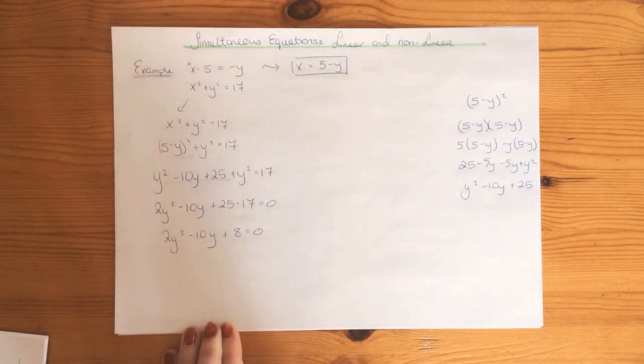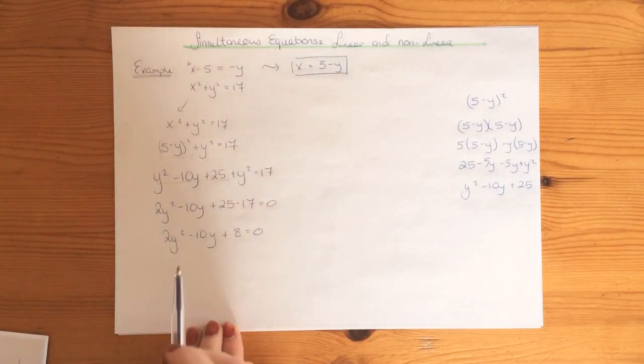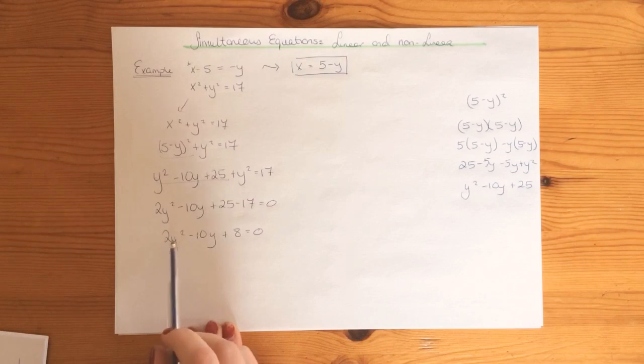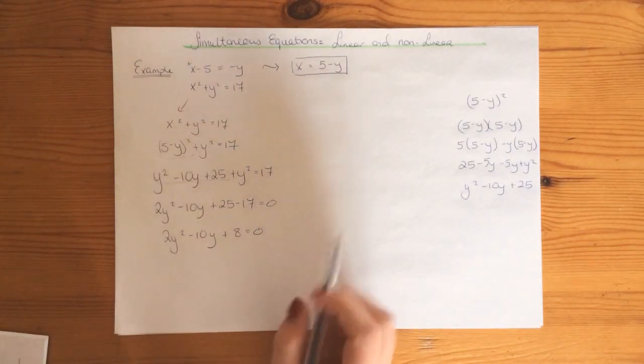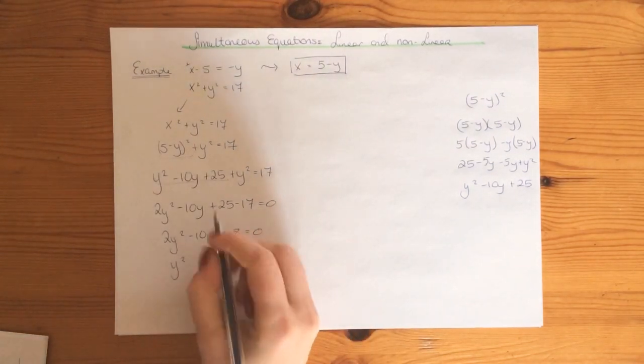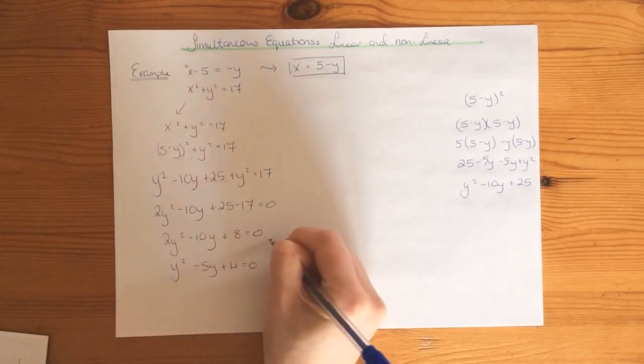We're nearly there. Once you get to this stage, you want to factorize. Always double check before you factorize: can you simplify this at all? Make it easier on yourself. 2, 10 and 8 are all divisible by 2, which makes the factorizing a little bit more obvious. So divide by 2 here.